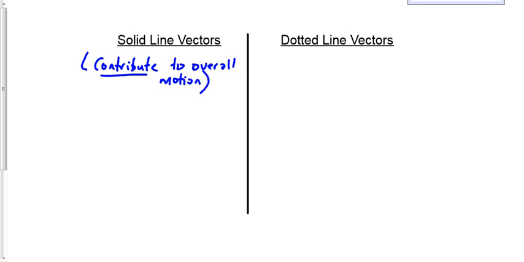So in that example that I used, the way that I was aiming north contributed to my overall motion, right? The wind, was that my overall motion? No, the wind contributed to my overall motion. The wind contributed to where my car went, so that would be a solid line vector as well. My dotted line vector is my overall motion.